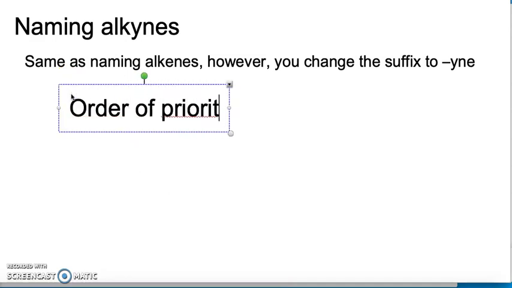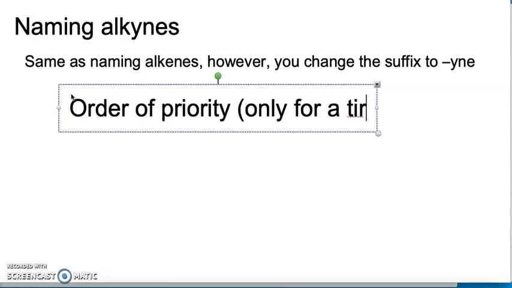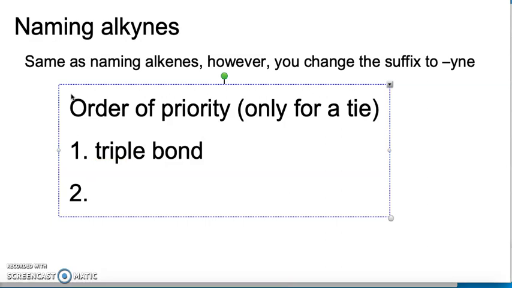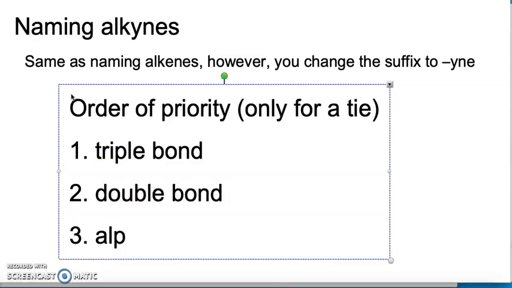Remember we started talking about that when we were dealing with alkenes, and then we said order of priority, again, only for tie. No tie, don't care, I only care about a smaller number. But if I have a tie, my triple bond comes first, my double bond comes second, and then I'm going to go alphabetical side chains.